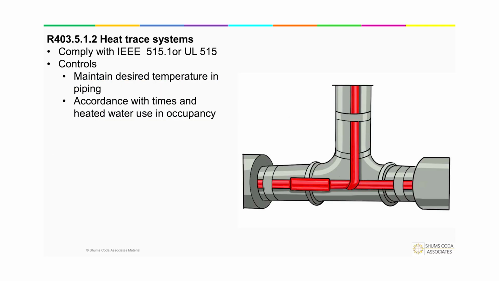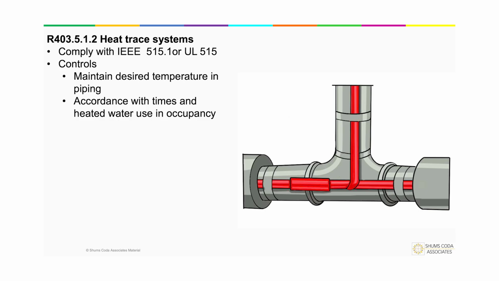Now let's talk about heat trace systems. And remember, 403.5 is dealing with some of the plumbing criteria, right? Or some of the mechanical heating on that. What it talks about is you are going to ensure that the heat trace system complies with the standard IEC 515.1 or UL 515.